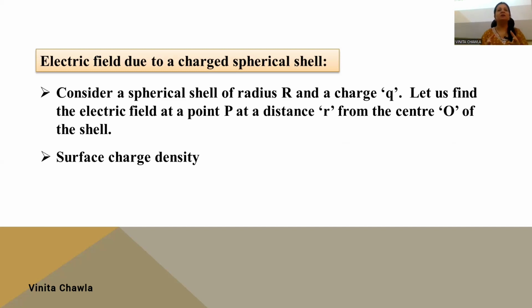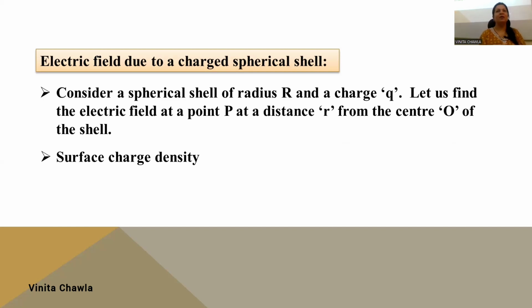So we will consider surface charge density. Surface charge density is denoted by letter sigma and it is charge per unit area. How do we find the surface area of a spherical shell? Surface area of spherical shell is 4 pi r square.